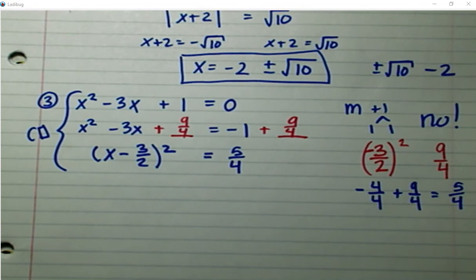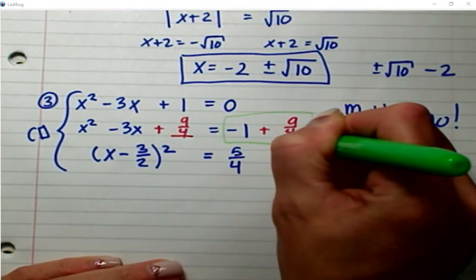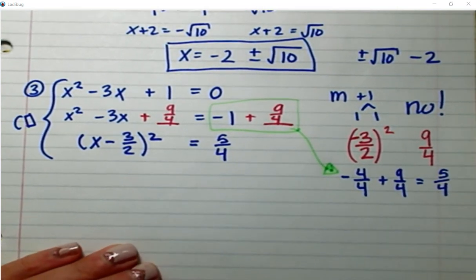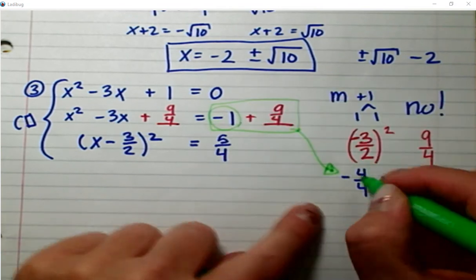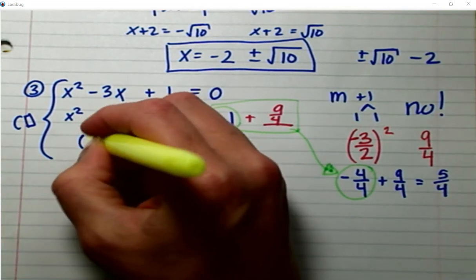Why did you do -4 over 4 plus 9? Hold on. This is what I was doing right here. I was adding up those terms, because I needed common denominators to add them. Now that I've completed the square, I can start solving.